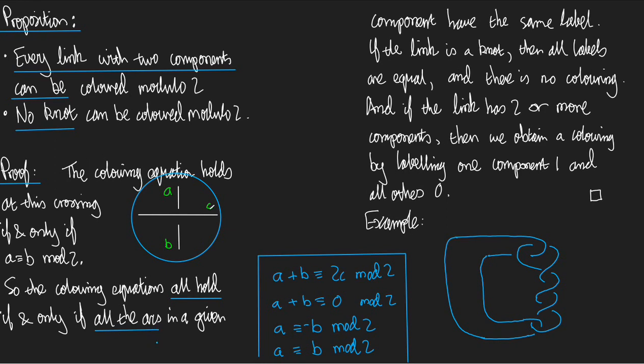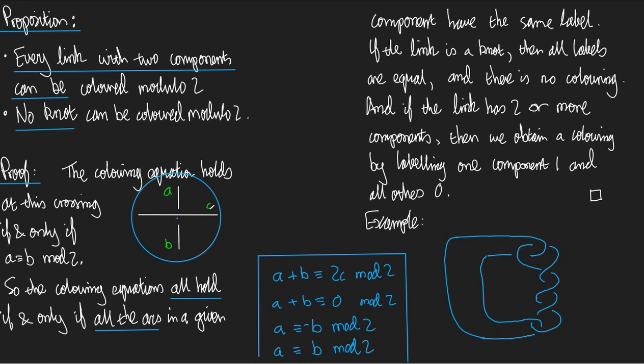Why is that? Well, think about a single component of my link and think about what it looks like in the diagram. I can put my pen down on part of that component and travel around the diagram along that component until I get back to where I started. At all times I'm traveling along an arc, or I pass underneath a crossing.